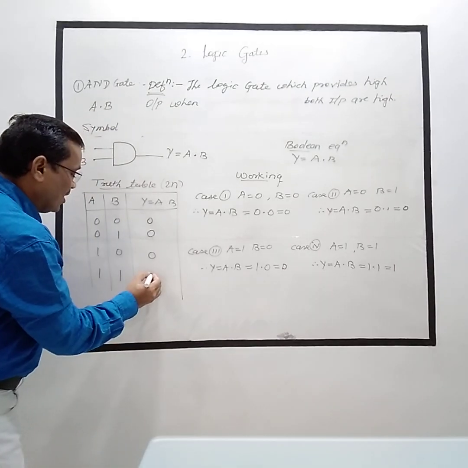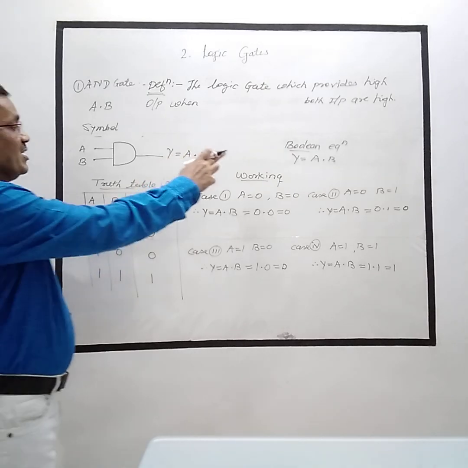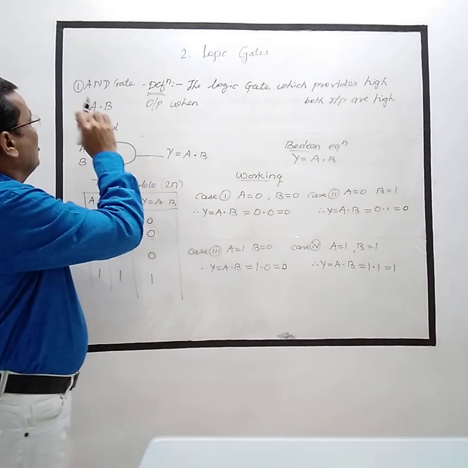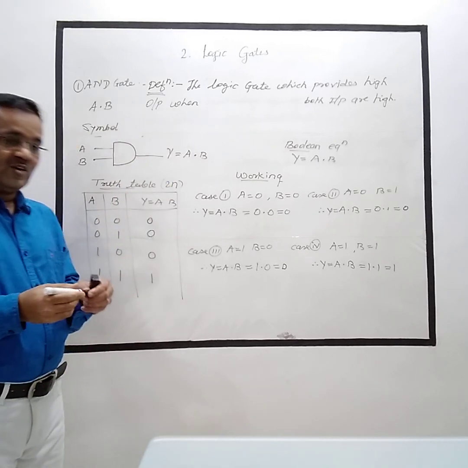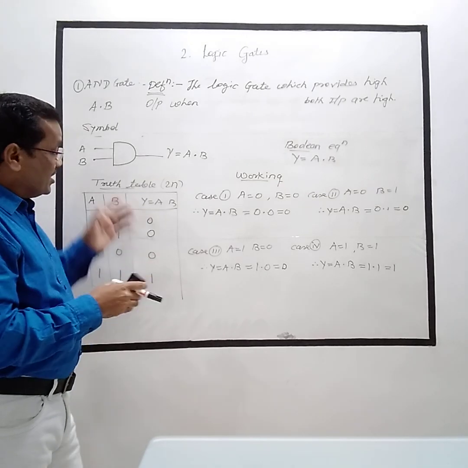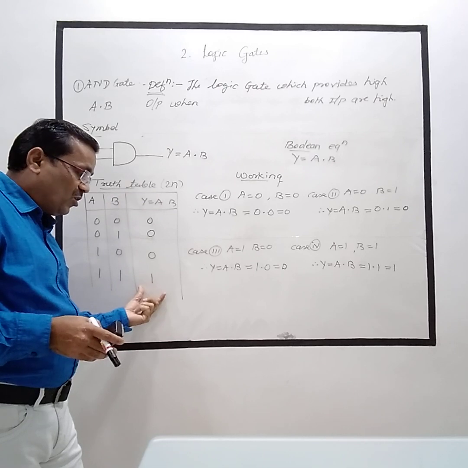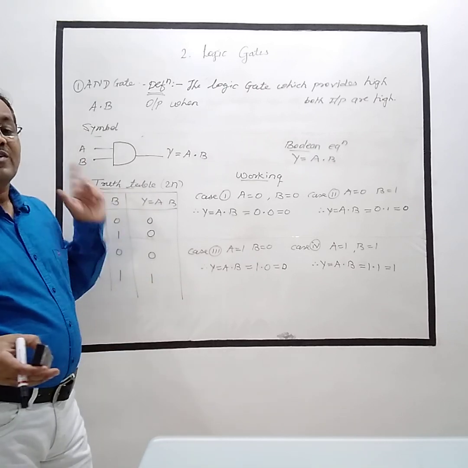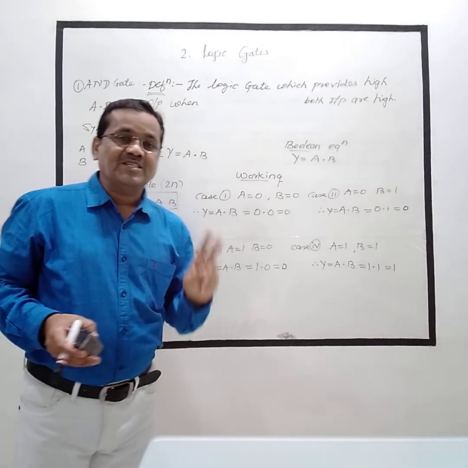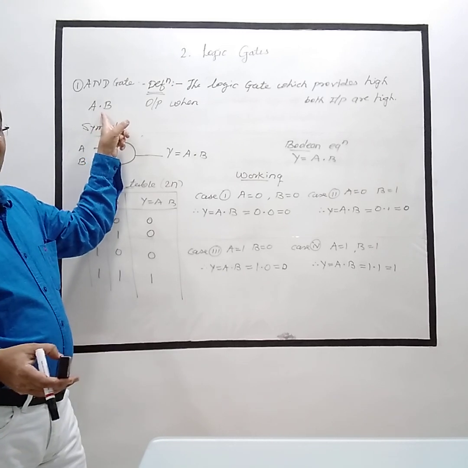This is the Boolean equation and this is the truth table of the basic logic gate, the AND gate. So in this way we can find the output for different combinations of inputs. This is the second basic gate, the AND gate. AND means ANDing, multiplying.